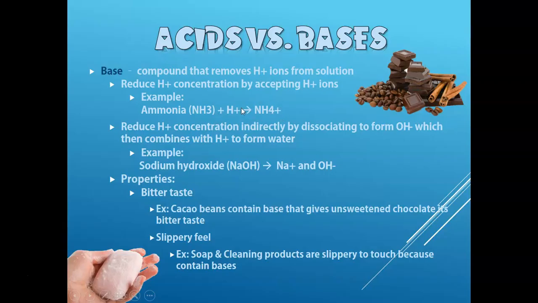And so they suck those H+ out of solution, they suck them off of water molecules, making this NH4+, and because I now have less of those H+ in solution, I can't recreate the water molecules, and so I end up hanging out with excess OH-.